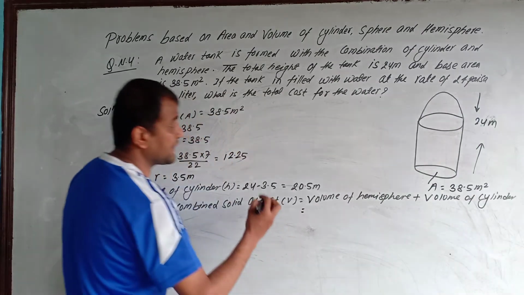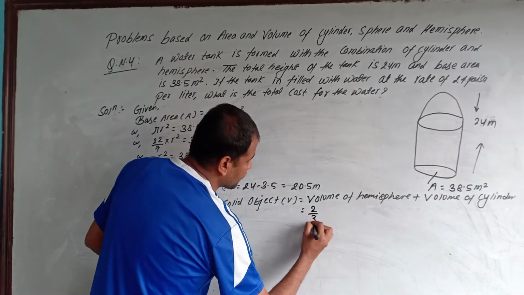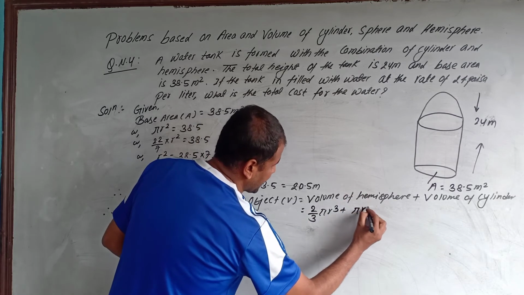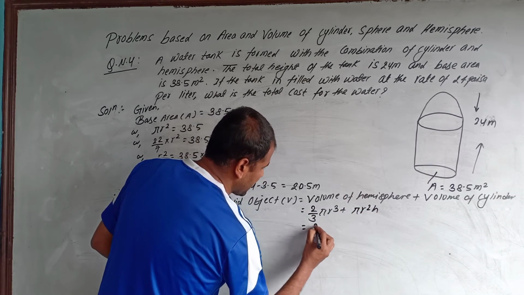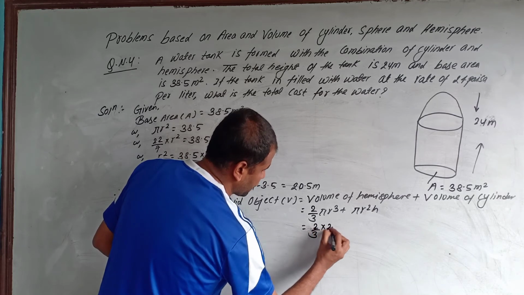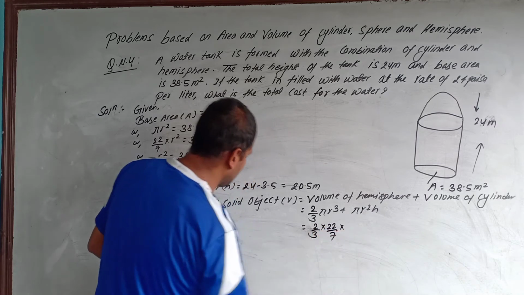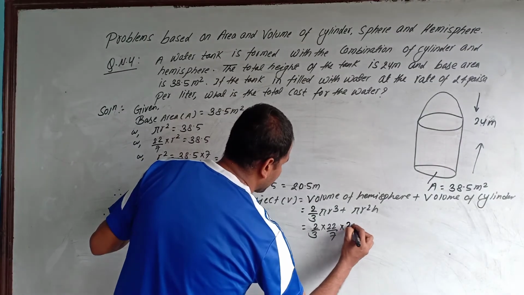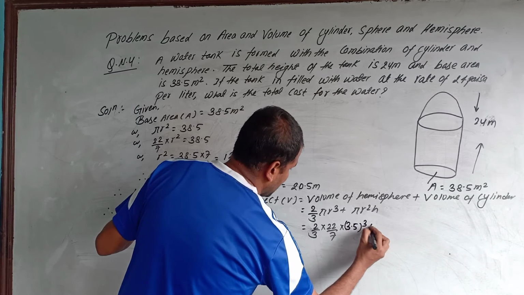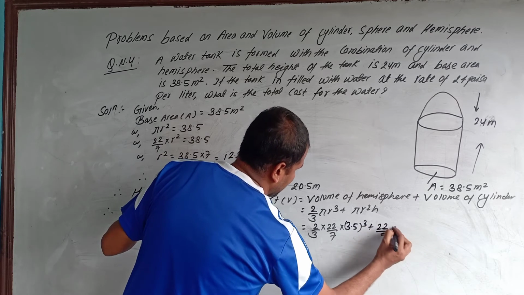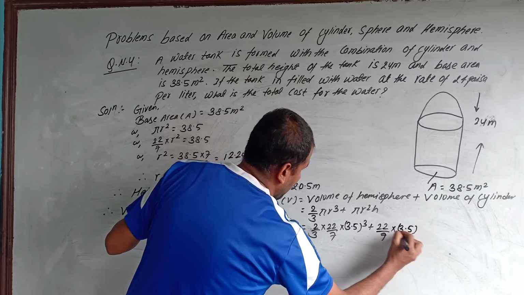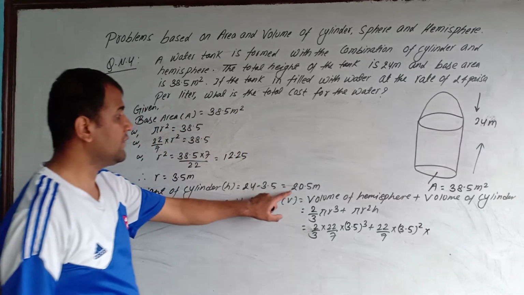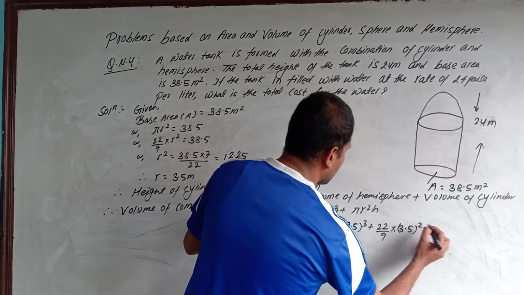Volume of hemisphere is 2 by 3 pi r cube and volume of cylinder is pi r square h. That is equal to 2 by 3 into pi, which is 22 by 7, into radius of the base r is 3.5 to the whole cube, plus 22 by 7 into r, 3.5 to the whole square, into height of the cylinder, 20.5.